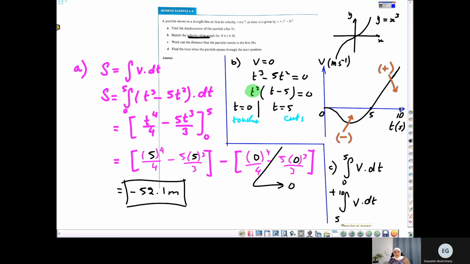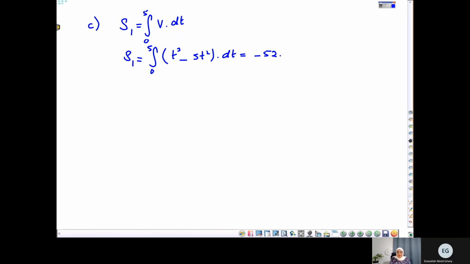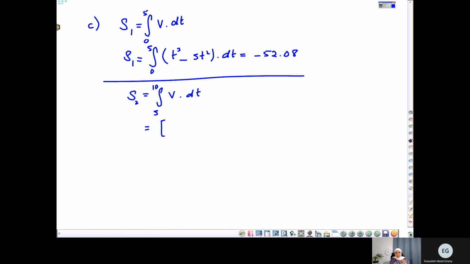Now we'll integrate the next part, which is from 5 to 10. Negative 52.1. Actually, it was negative 52.08. And the next part is S2, the next displacement from 5 to 10 of v dt, which we already got, but we'll change the limits on the square brackets.